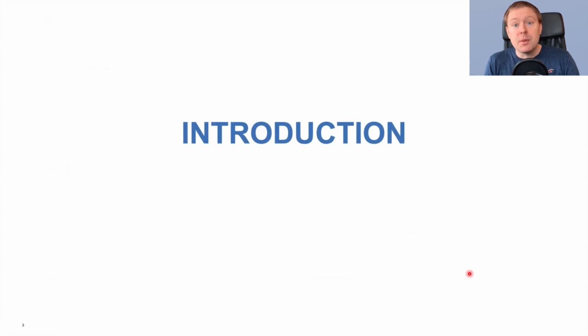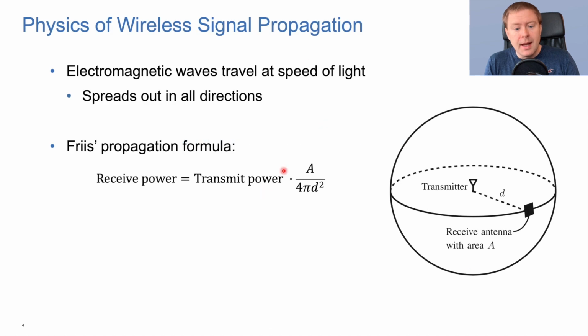So let me start now with the introduction and with some basic wave propagation. Electromagnetic waves are what we use in wireless communications. They're traveling at the speed of light. They spread out in all directions. Suppose we have a transmit antenna which is isotropic, which means that it spreads out the energy in all directions equally much. Then, when we are considering a distance d from the transmitter, the energy will lie on the surface area of a sphere with radius d.